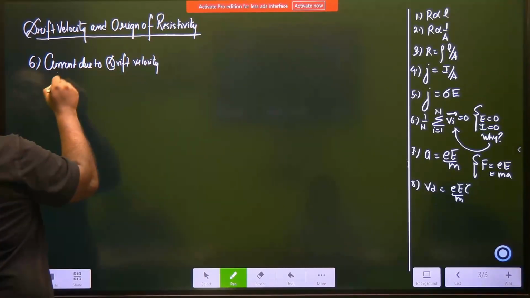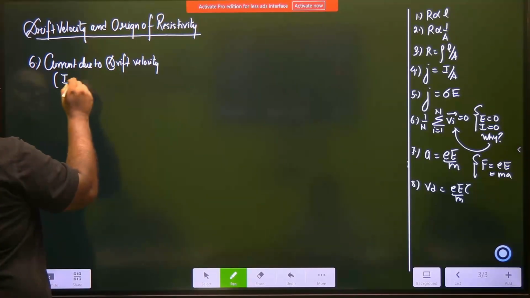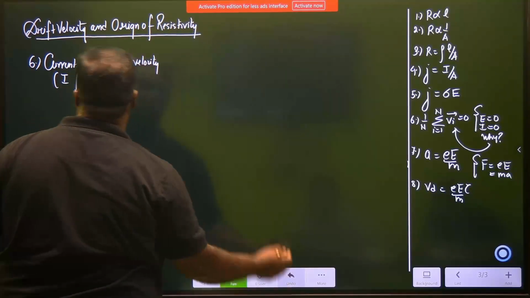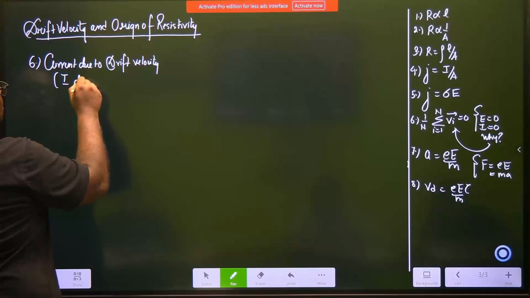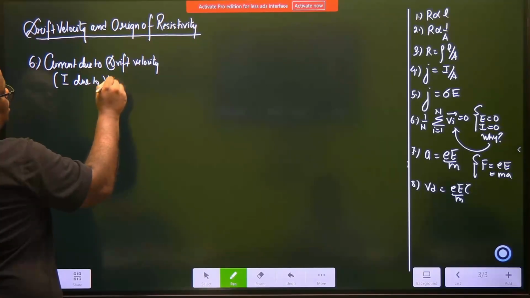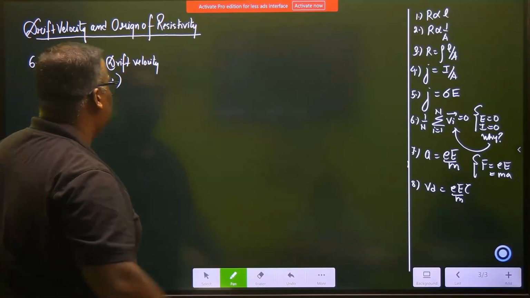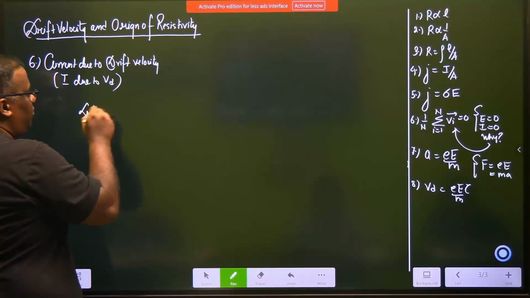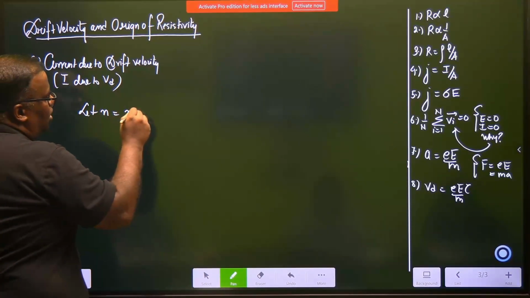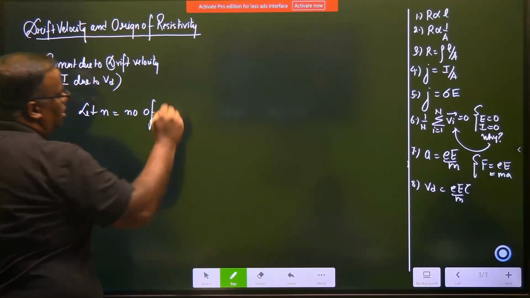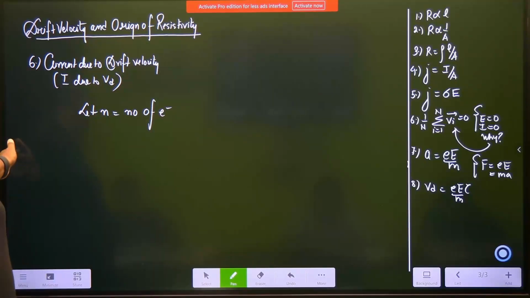That means you have to give birth to I due to Vd. Story is clear? They are moving. So we say let n be your number of electrons. How many electrons? n number of electrons.